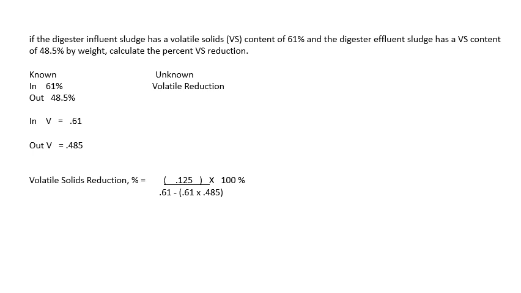Next, we're going to do the bottom bracket, 0.61 times 0.485, and you get 0.29585. We're going to do our subtraction, so 0.61 minus 0.29585, and you get 0.31415. We're going to do our division, so 0.125 divided by 0.31415. That's 0.40. We're going to multiply that by 100%, and your final answer is 40%.